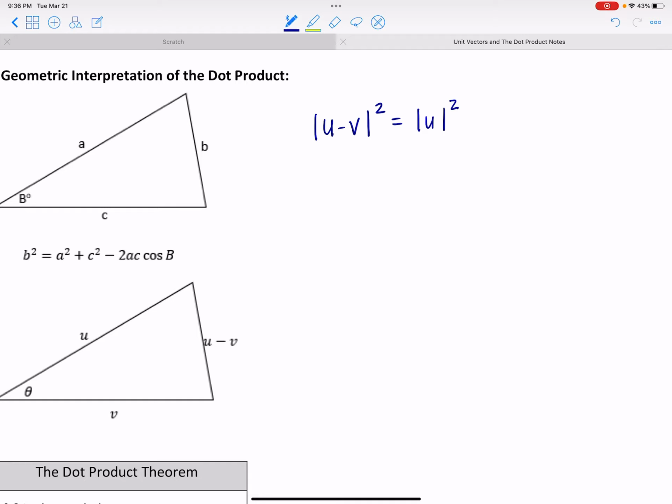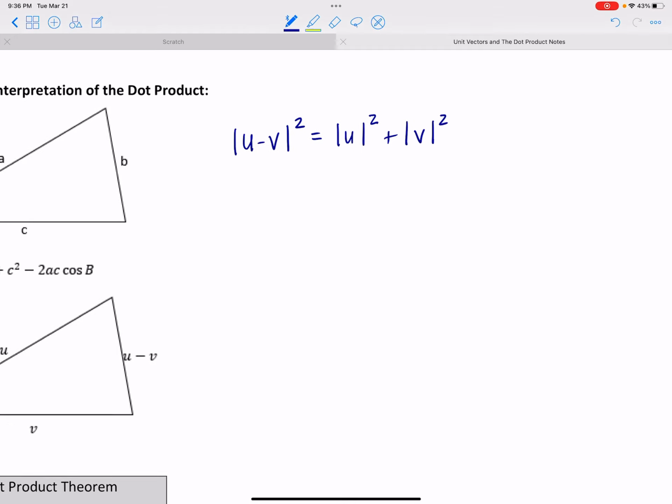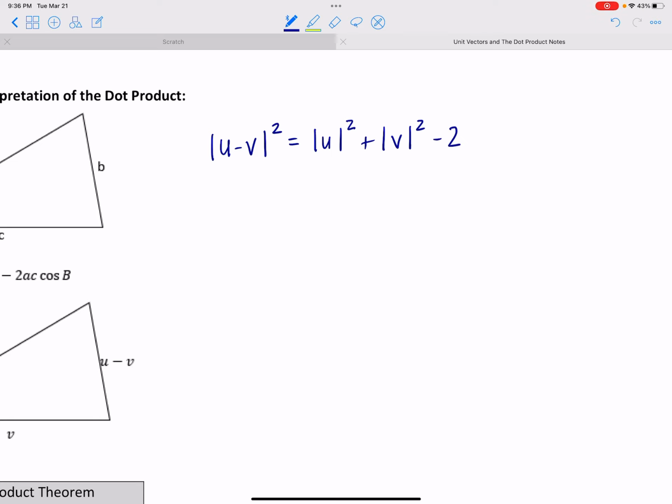And again, it's a vector, so it's the magnitude of v squared. And then I have minus 2 times, again, instead of a and c, the magnitude of u and the magnitude of v. And then at the end, cosine of, in place of b, theta.